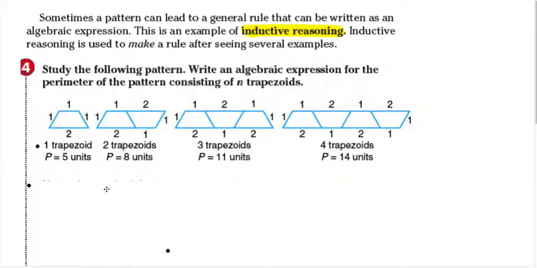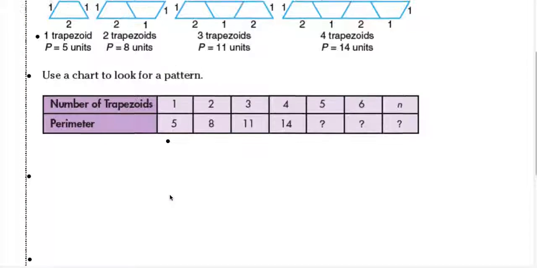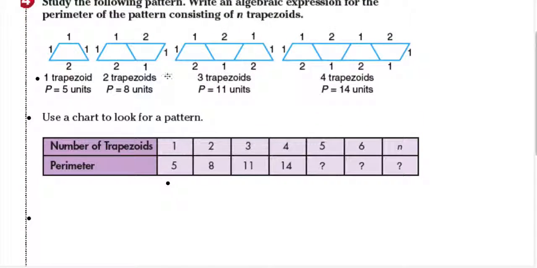If we create a chart to analyze what we have, the number of trapezoids and the perimeter of each: one trapezoid, 5 units, all the way to 4 trapezoids, 14 units. If we look at the pattern, every single time we add a trapezoid, we add 3 units to the perimeter.